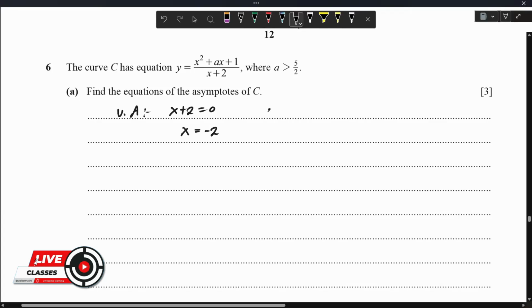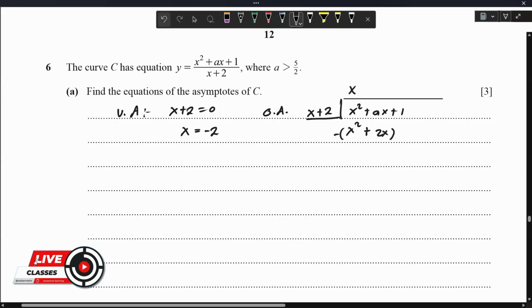Yes. Then for the oblique asymptote, we can divide x plus 2 into x squared plus ax plus 1. So dividing x squared by x, we get x, and x times this would give us x squared plus 2x.